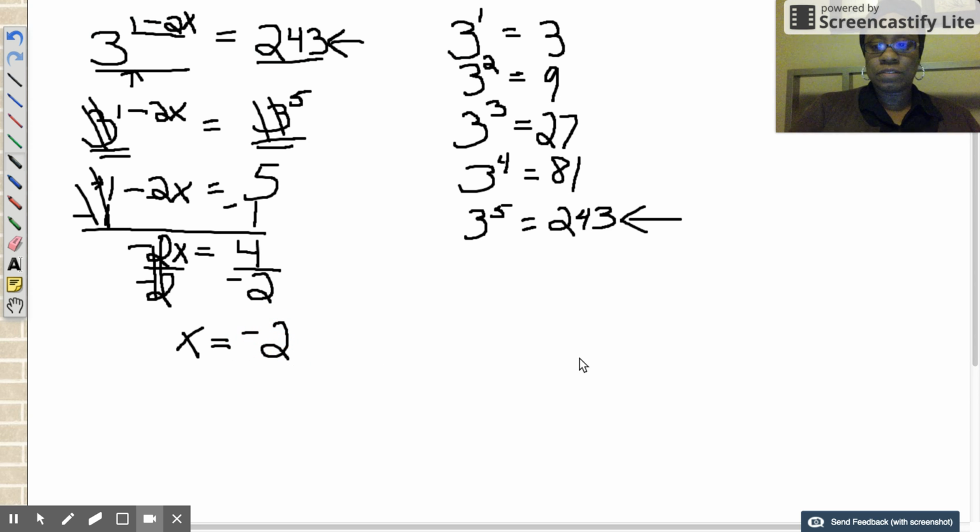And we're finished. Okay? Now you can always check your solution by plugging negative 2 back into the original equation. So I'm going to write the original equation. I'm going to replace this x up here with negative 2, okay?